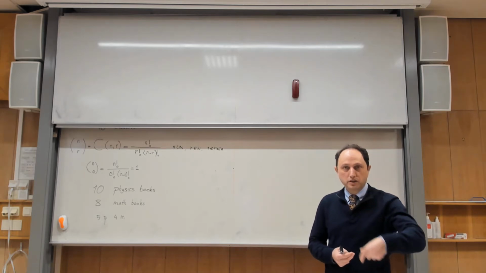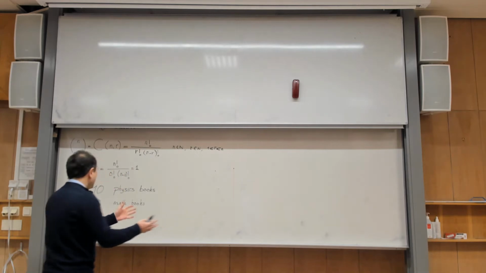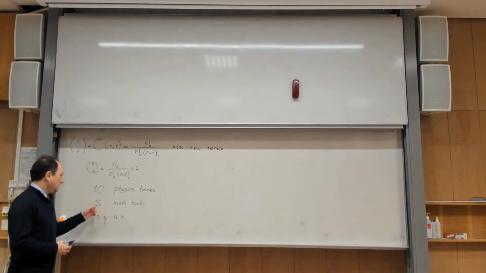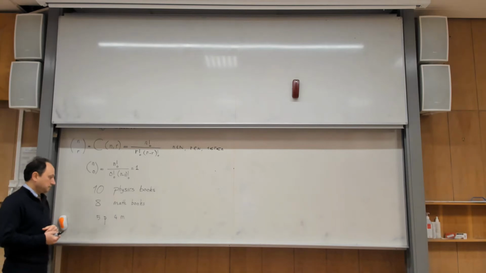It's a very simple standard problem, yes? You have a collection of 10 physics books and 8 math books. You can break this problem into some stages. For example, stage 1 is choosing 5 physics books out of 10 physics books. In how many ways can I choose?